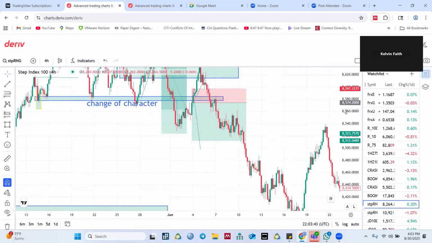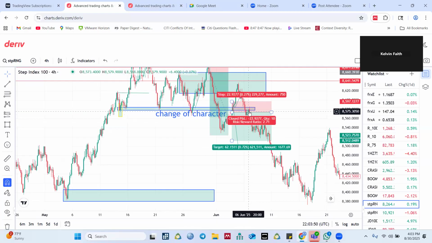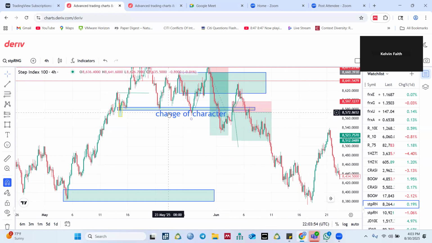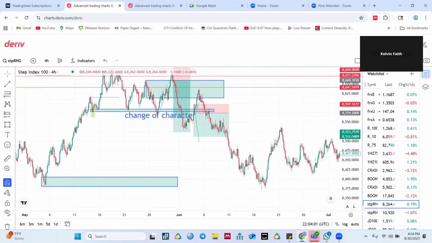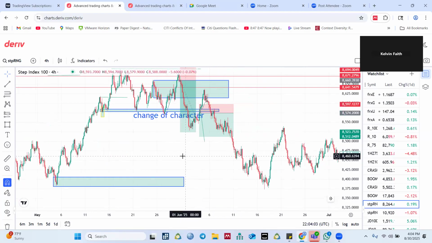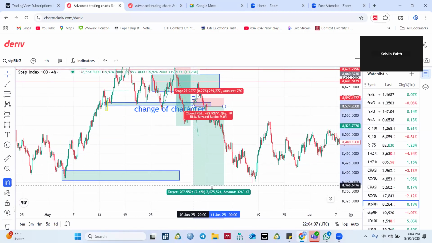So one, you have a better sell entry at the top there. Second, we have another sell entry below here where we say below that zone we are selling.